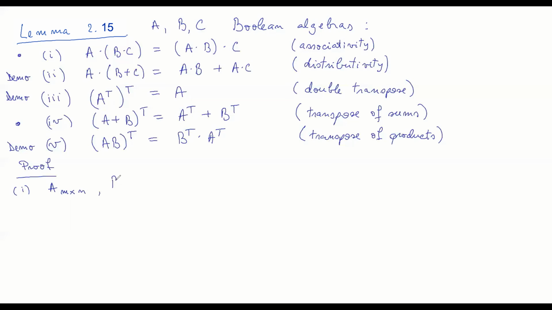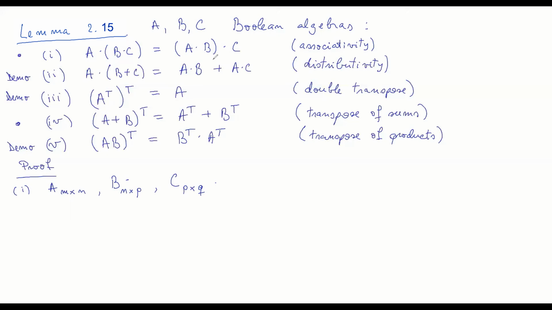And then B has to be of a matching type because I will have A times B. So it's got to be n times something, for example, n times p. And C, because I'm multiplying B and C, has to be p times something, for example, p times q.